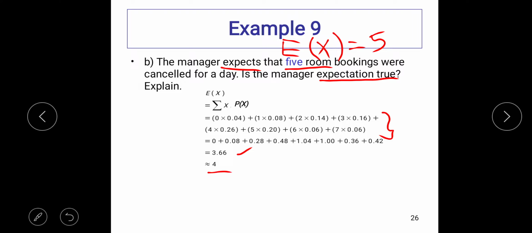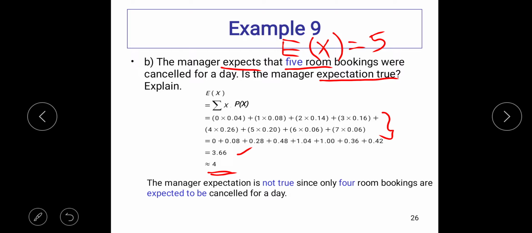Approximately 4 room bookings were cancelled. So is the expectation true or not? We can conclude that the manager's expectation is not true, since only 4 room bookings are expected to be cancelled for a day, which is opposite to the previous expectation, which was 5.